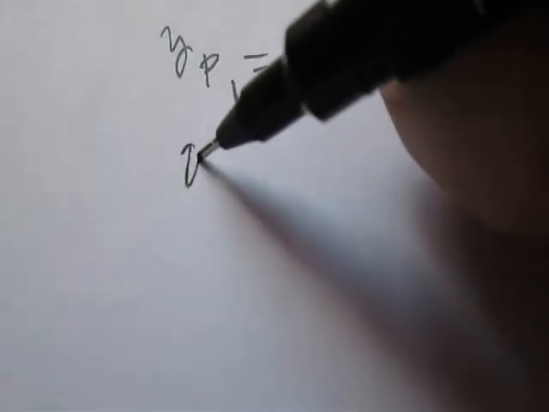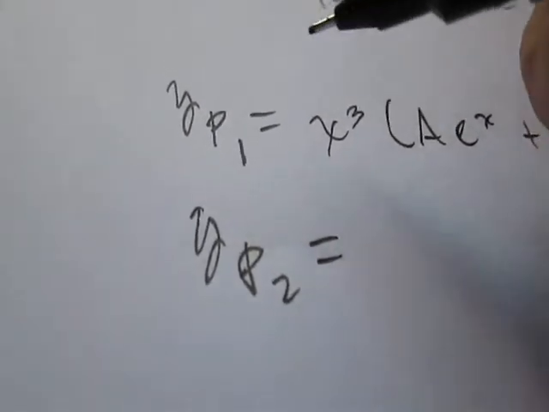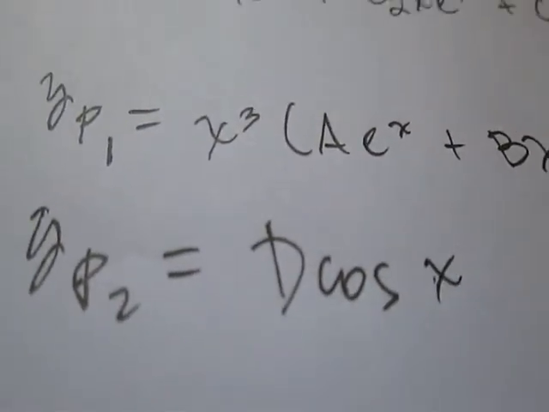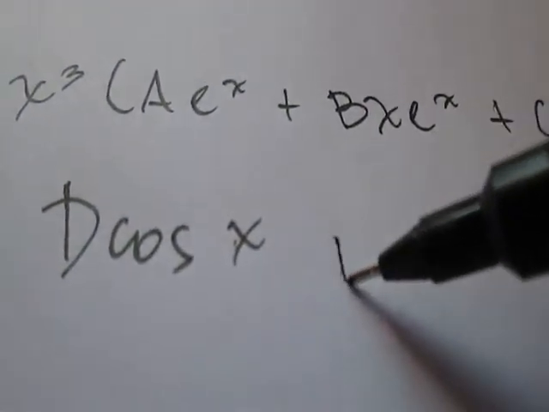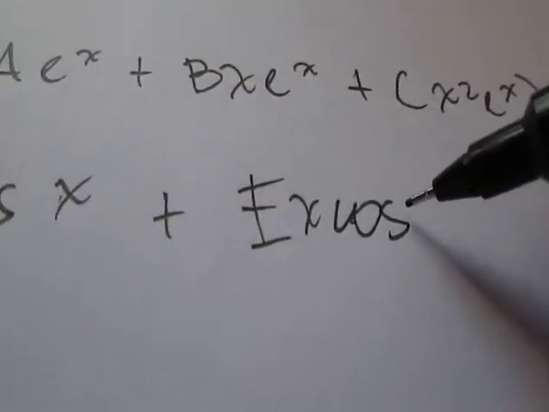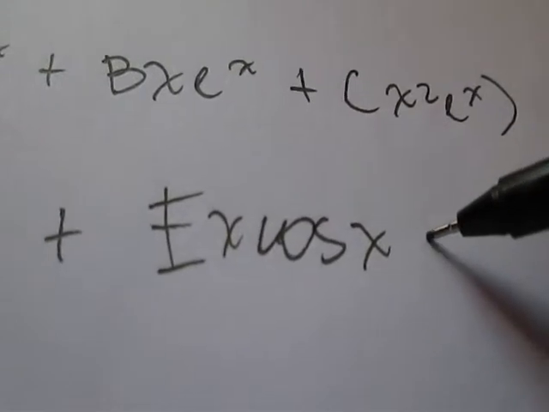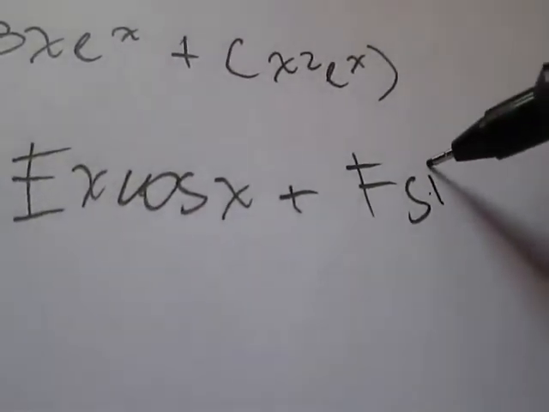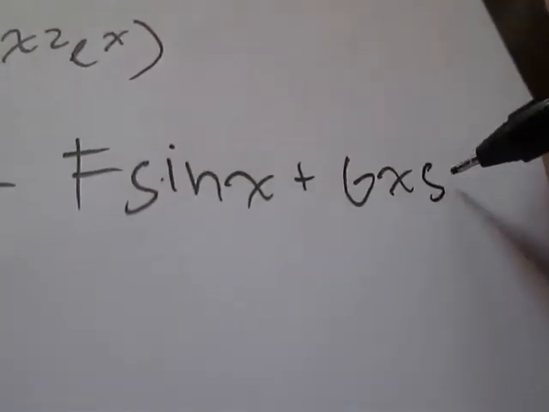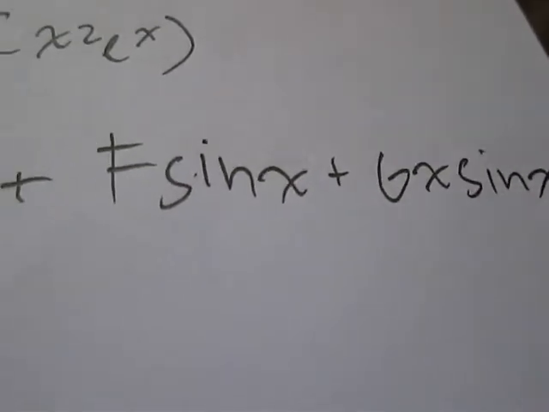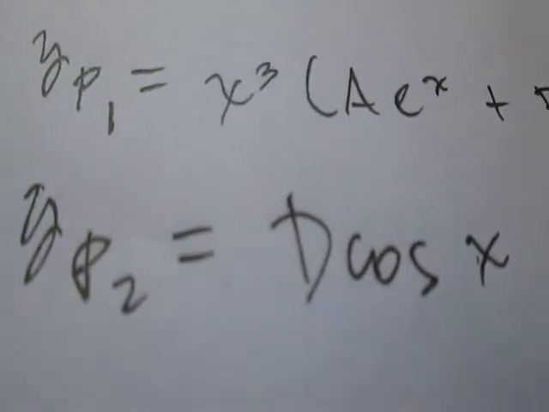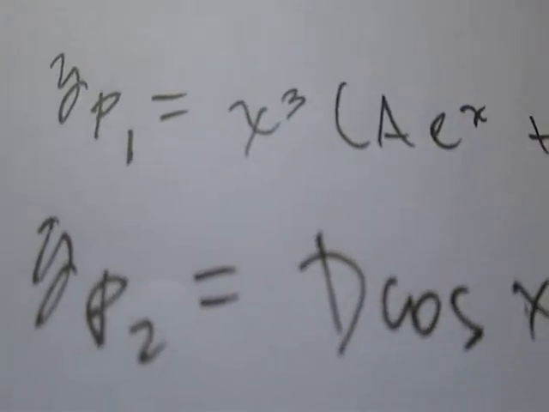So yp2 is equal to d cosine x plus e x cosine x plus f sine x plus g x sine x. And these are now the equations of our y particular.